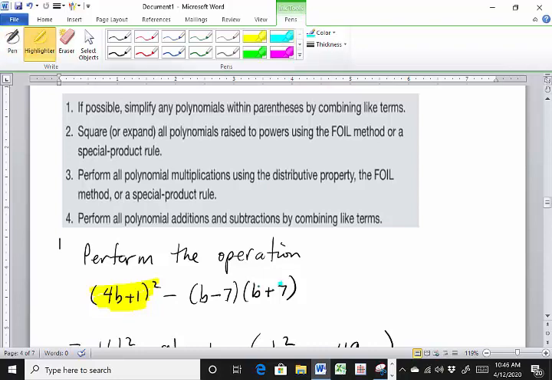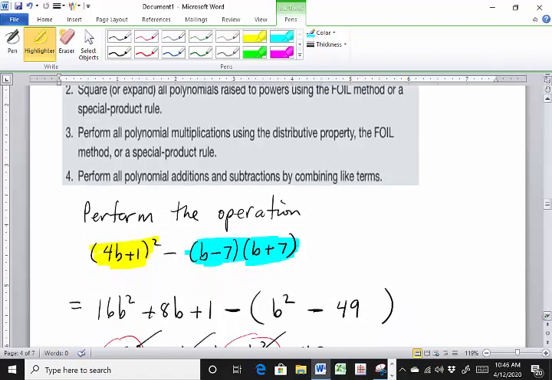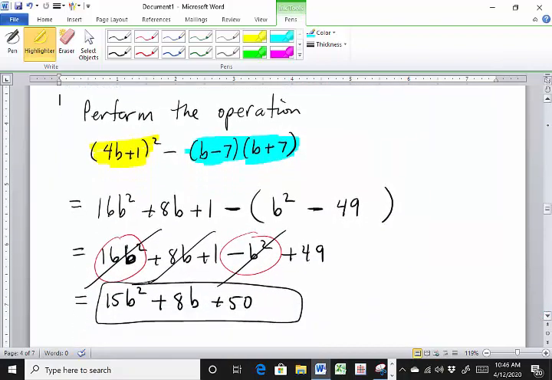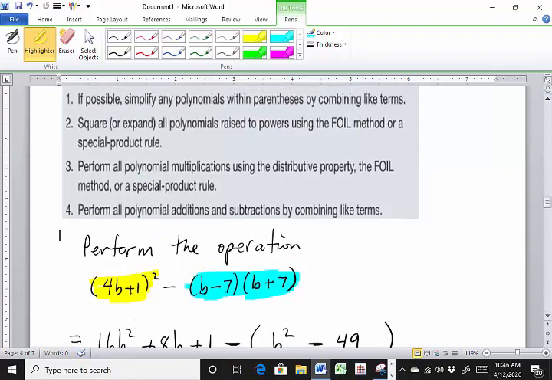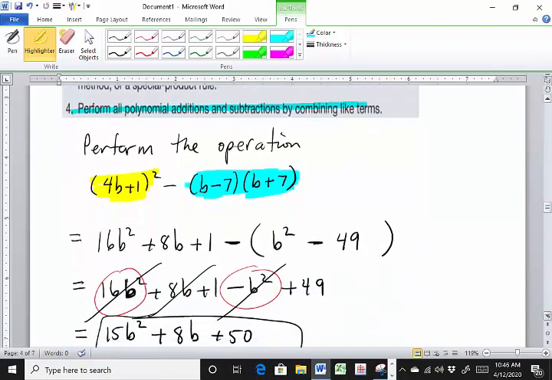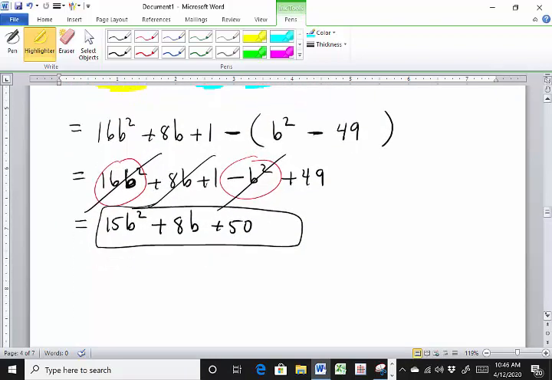We used the special product here, the difference in sum of two binomials. Then we started combining like terms, right here, step number 4, by adding and subtracting polynomials. So we did that, and we have our final result right here.